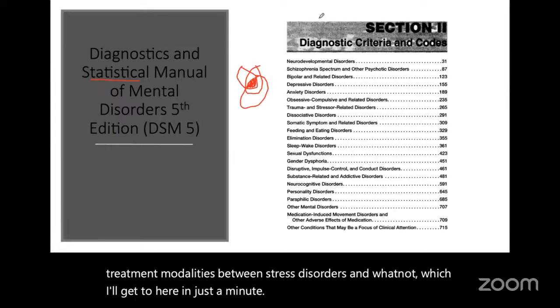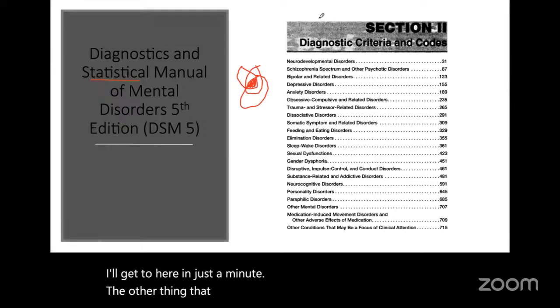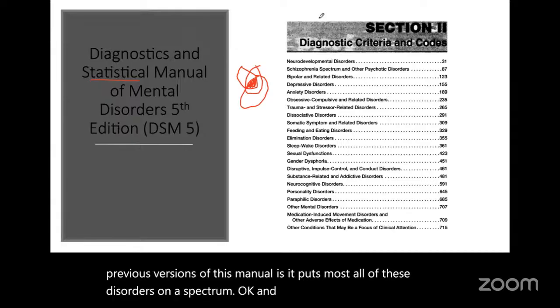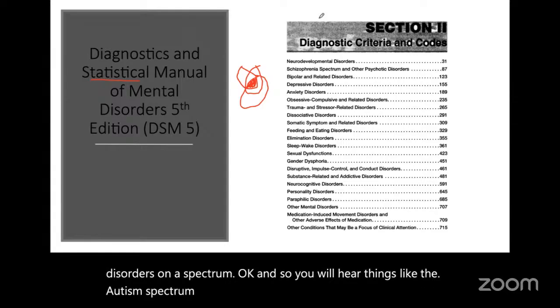The other thing that the DSM-5 does that is different from previous versions of this manual is it puts most all of these disorders on a spectrum. And so you will hear things like the autism spectrum, the ADHD spectrum.